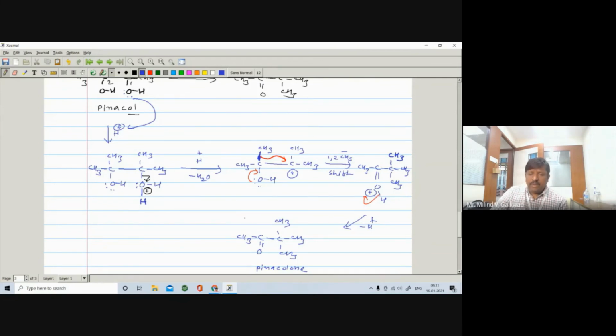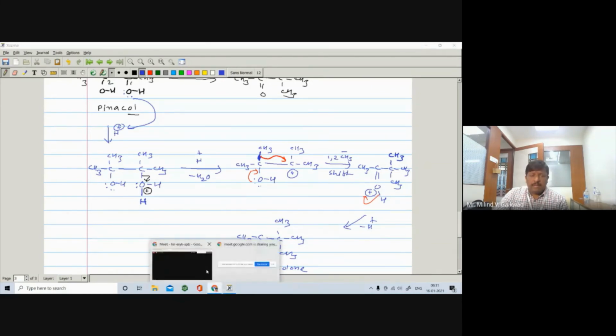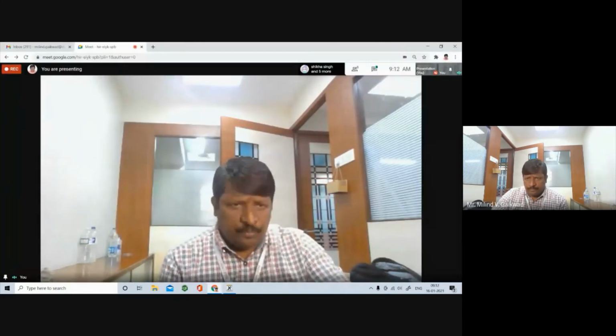But if the R groups are different, meaning one is methyl and the other is phenyl, then a question arises: what to shift, either methyl or phenyl? It is called migratory aptitude, meaning which group undergoes migration, which undergoes shifting.